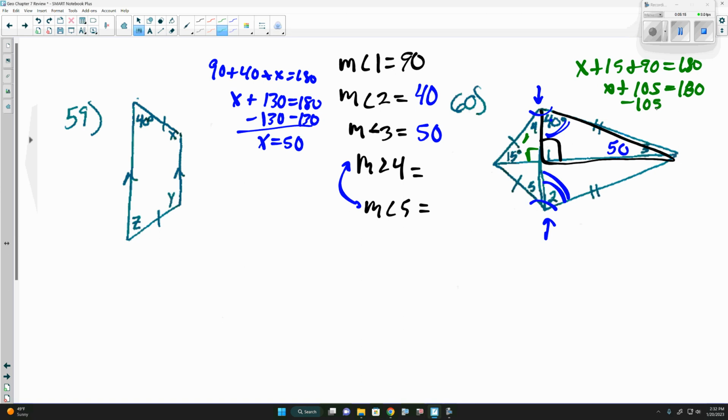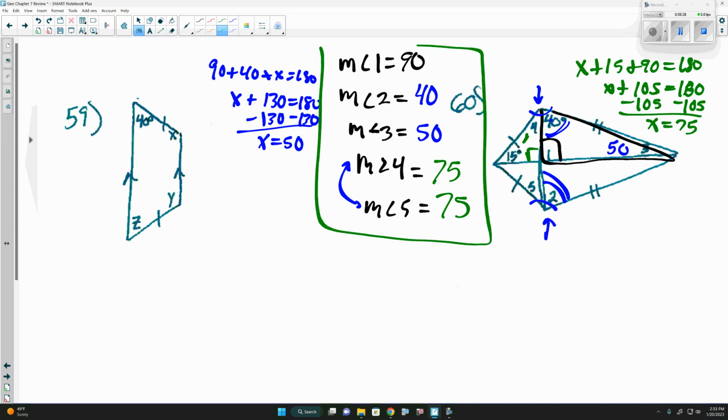Minus 105 from 180. So the measure of angle 4 is 75, which means the measure of angle 5 is also 75. So that's it there. Any other questions on 60?